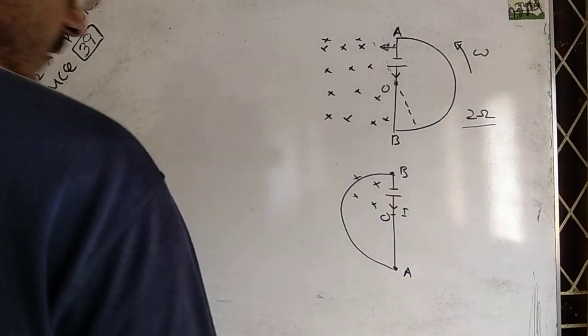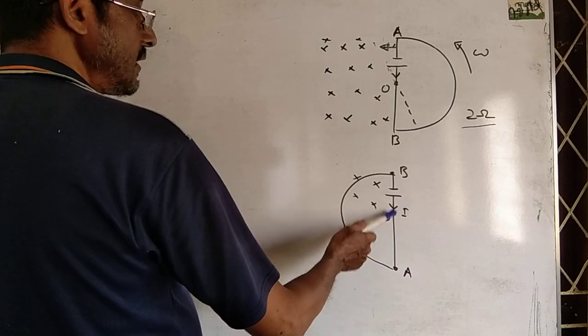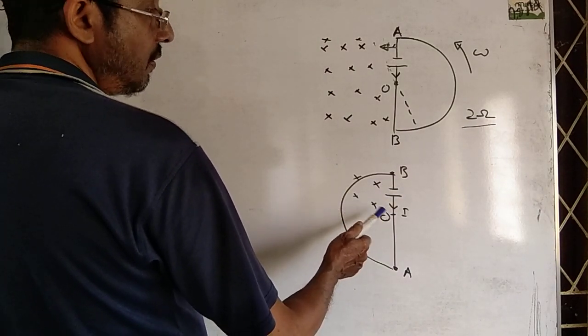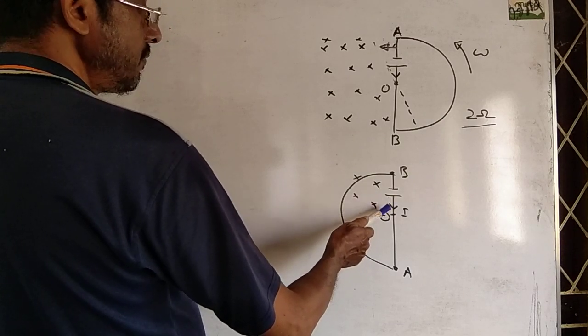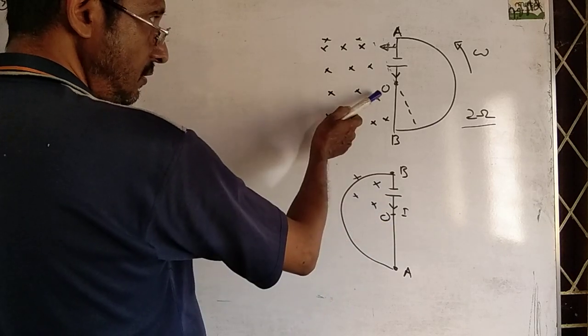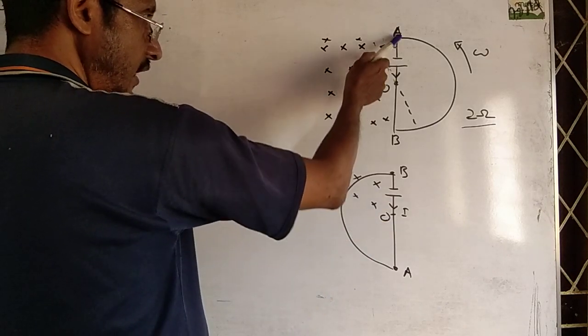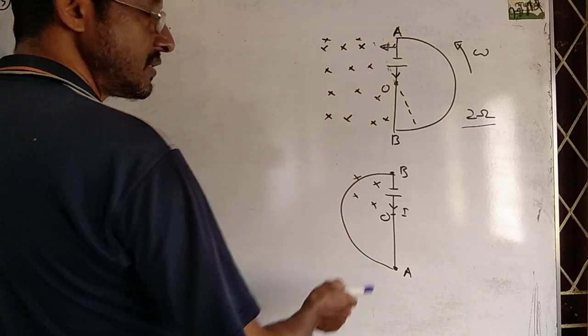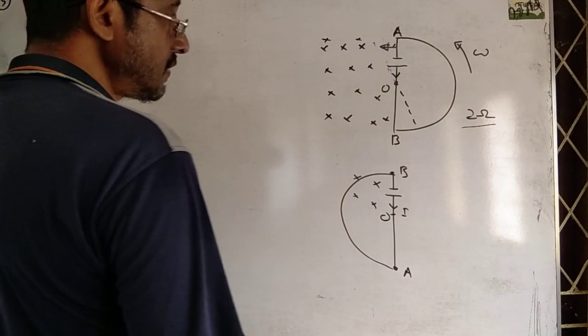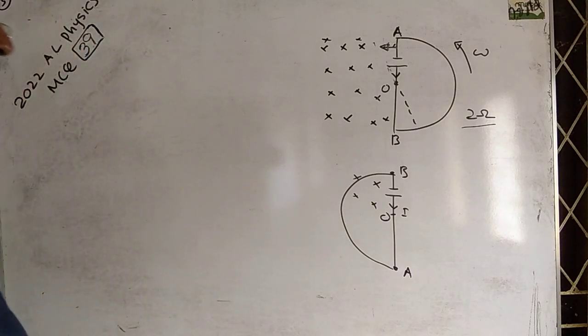When we consider the other radius, BO comes into the magnetic field, then the generated EMF is downside, that means B to O, whereas on the first occasion the EMF was A to O. Therefore the direction of the current also changes within one half of a cycle.